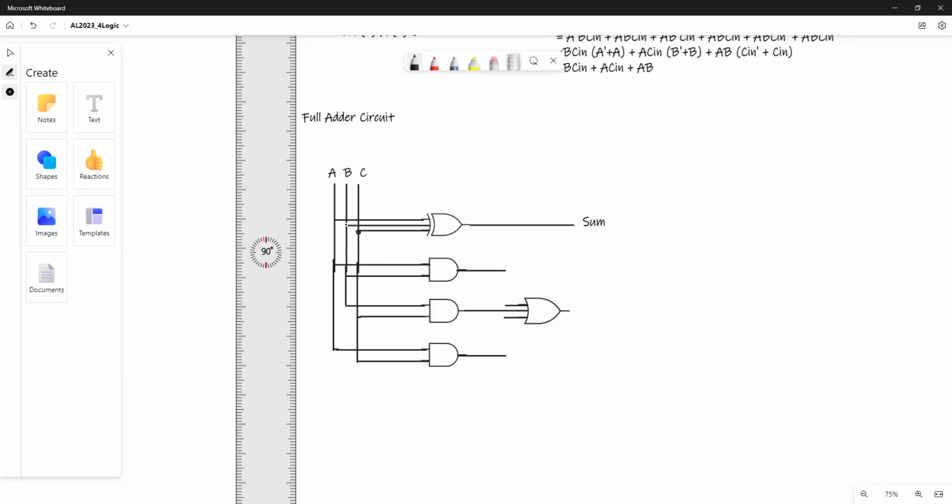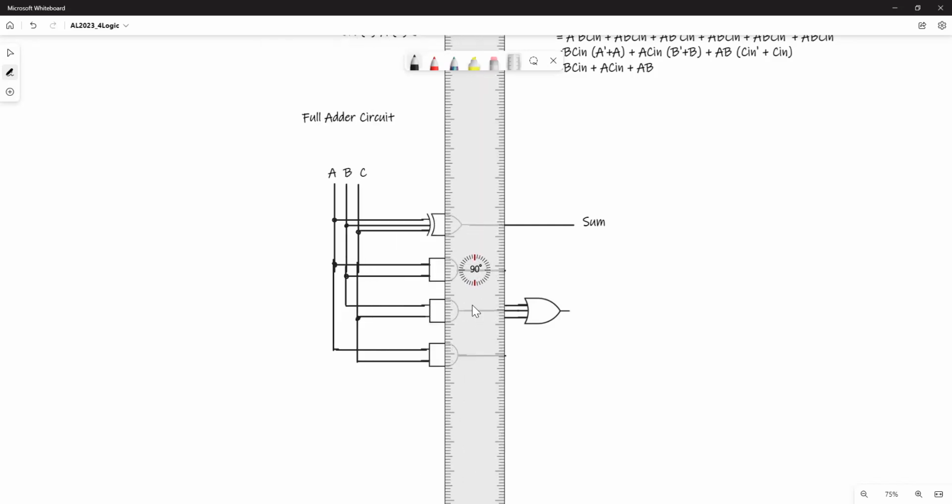I'll put some small dots to indicate the connections. The first one we have AB, then we have BC. Okay, so B we don't have to put. Okay, we have BC and we have AC. Right, now we need to connect the two.